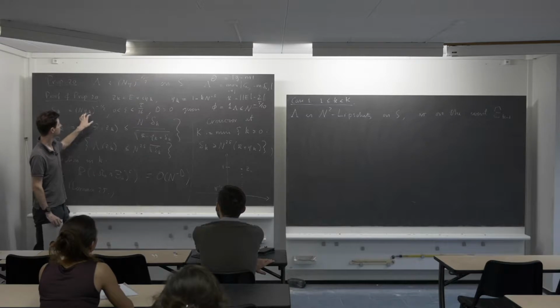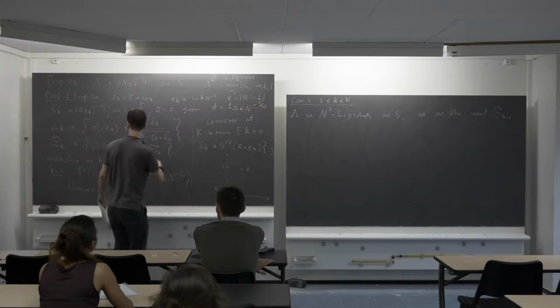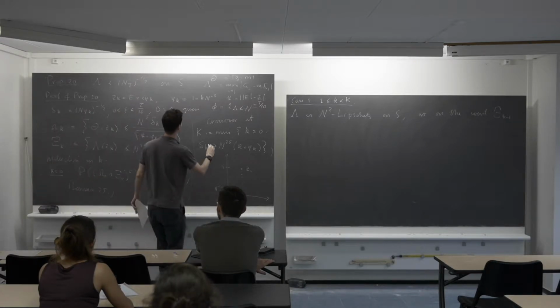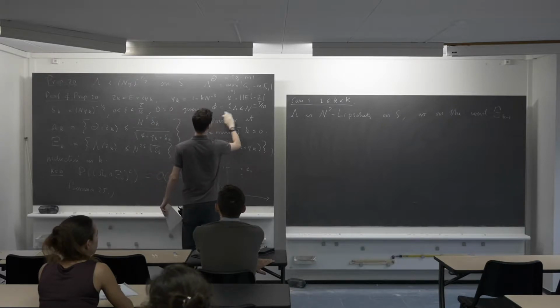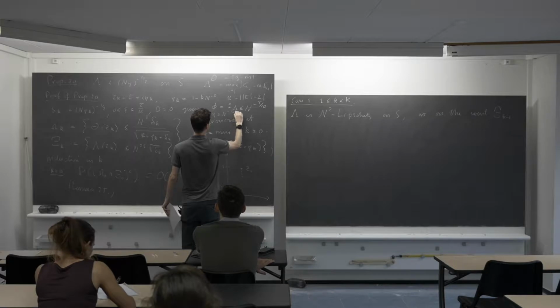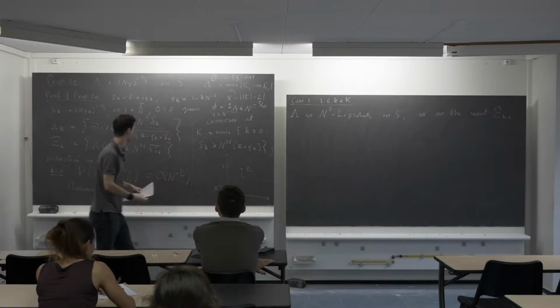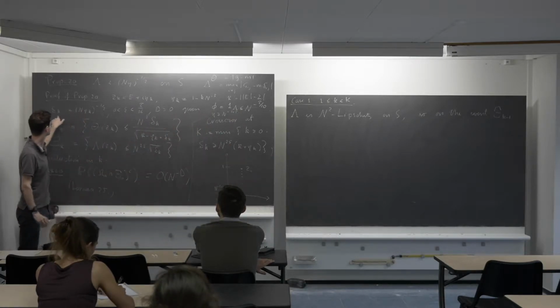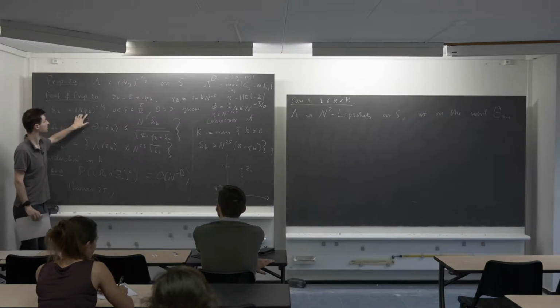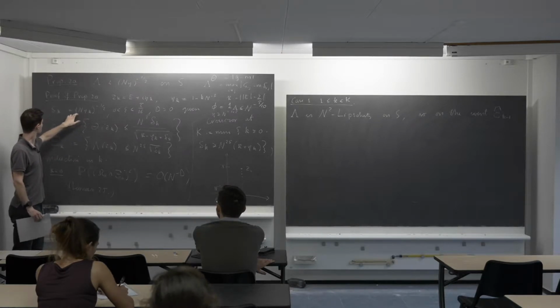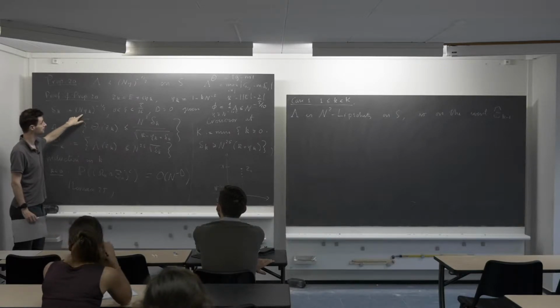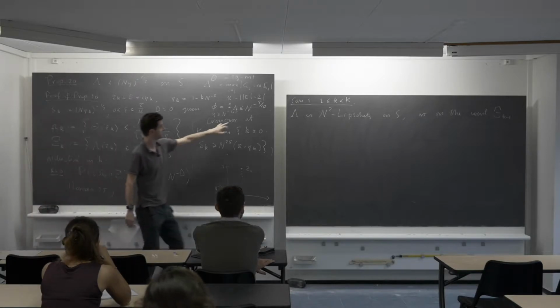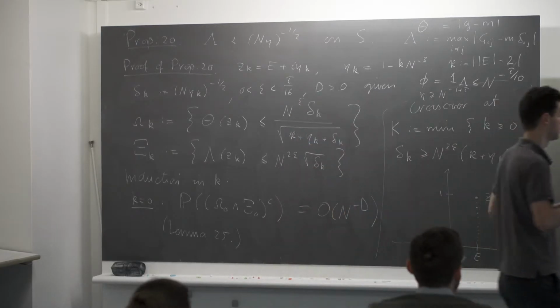That's by construction. If you recall, eta is always less than minus 1 plus tau. Okay, so this delta k is always going to be less than or equal to n to the minus tau over 2. And therefore, since I have a minus tau over 10 here, I have enough room. And the following holds.